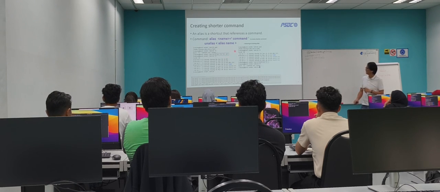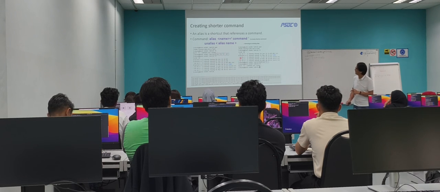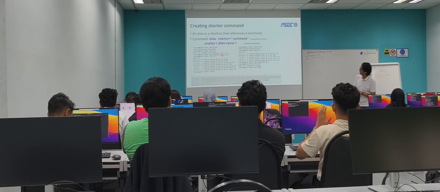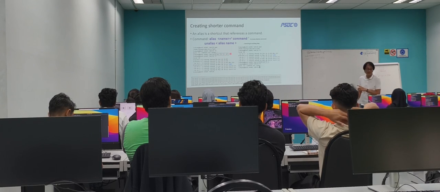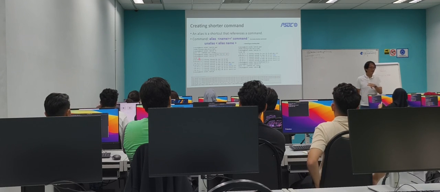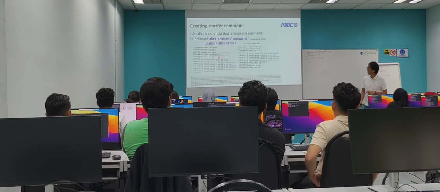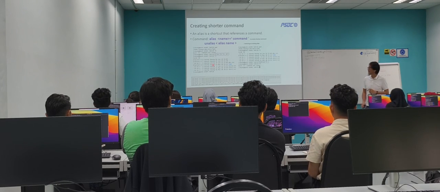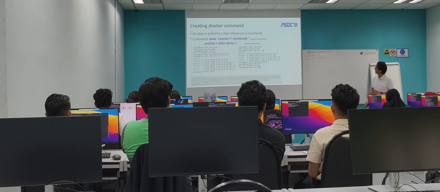This is the long list, but I want to alias LL equal to ls -al. Otherwise, I have to type ls -al, right? So now I can just type LL. And this is to show how I undo the alias.